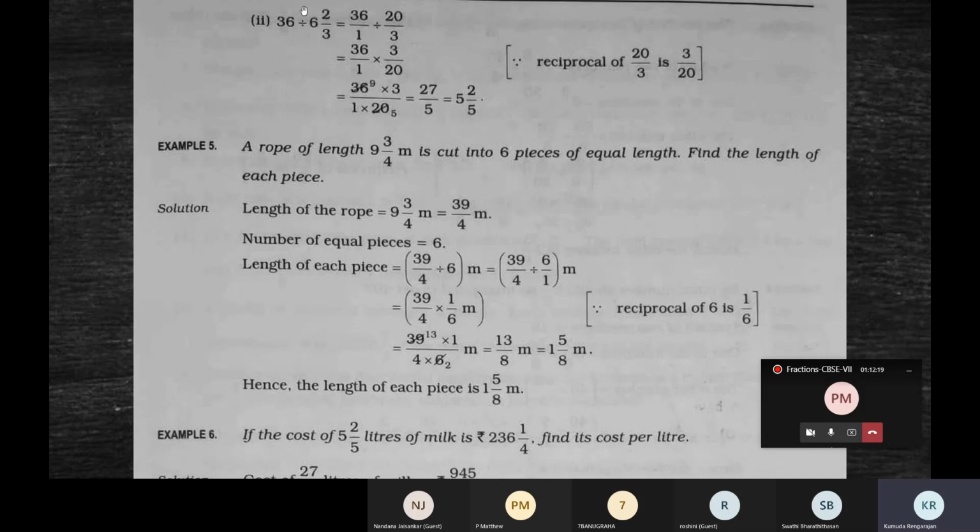This mixed fraction is converted to its improper form. Now 36 by 1 as it is, division becomes multiplication. 20 by 3 is written as its reciprocal, 3 by 20. Multiply the numerators, 36 into 3. Multiply the denominators, 1 into 20.